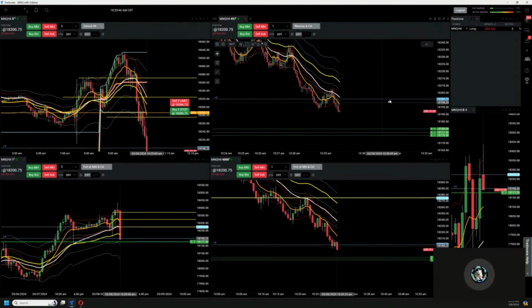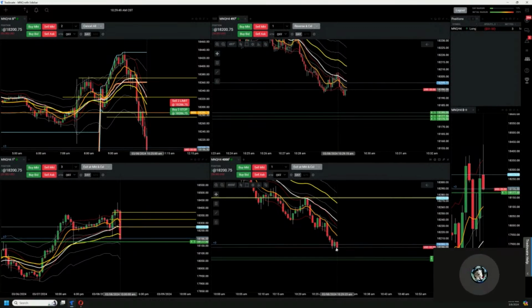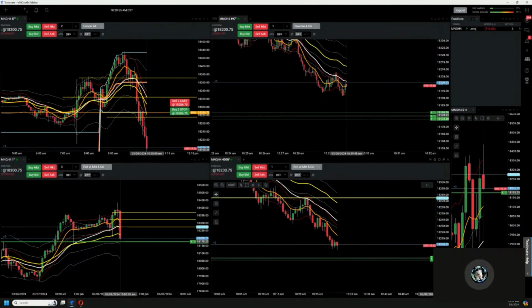Looks like it's going to go to the next downside. Yep, next downside zone. Overshot that level. Maybe he's creating a level on chart 4. That's something to be mindful of.